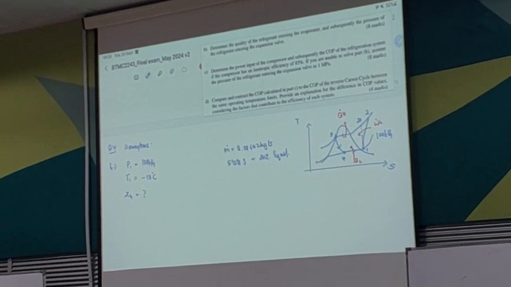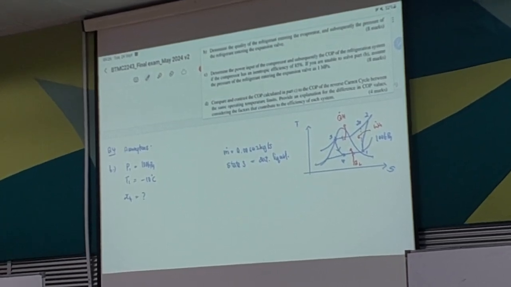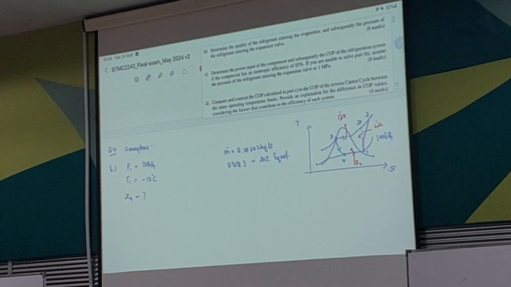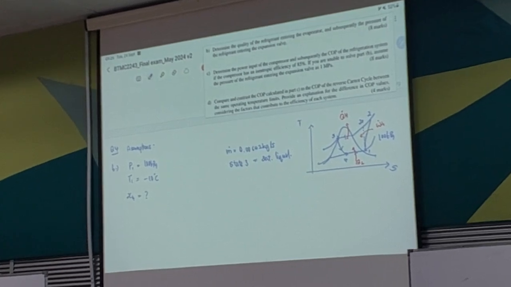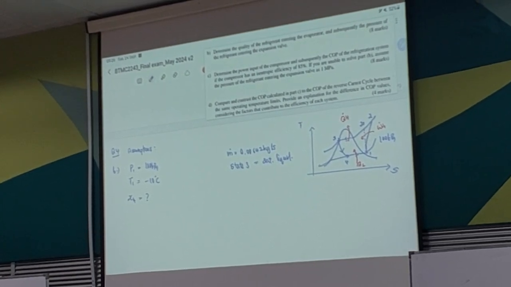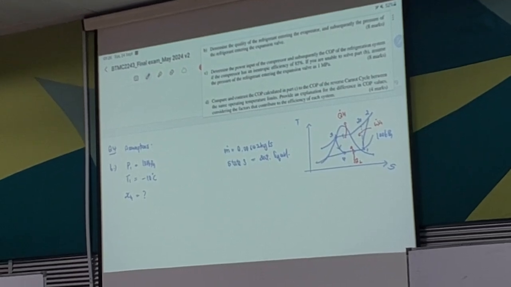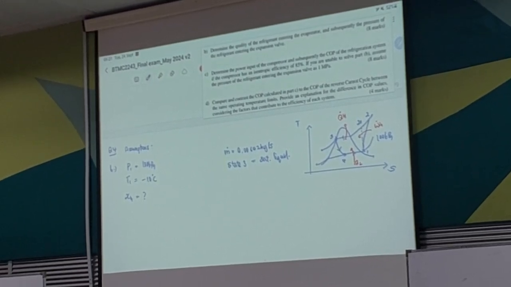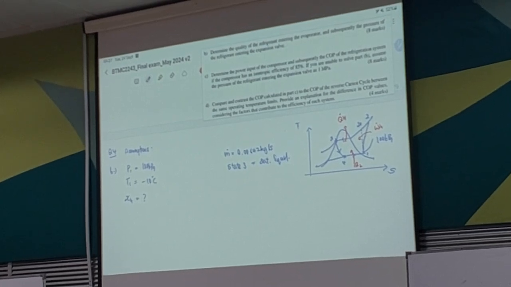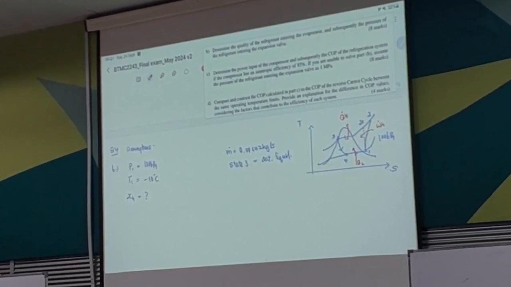And then subsequently the pressure of the refrigerant entering the expansion valve. So yeah, this question is slightly more complicated compared to the way I asked the previous one, but it's not unsolvable. So for X4, how?